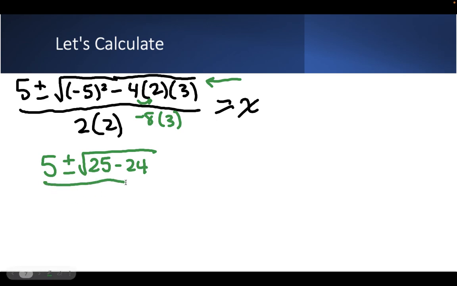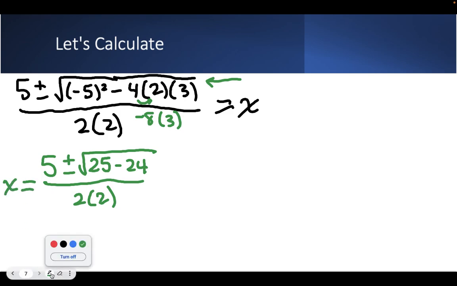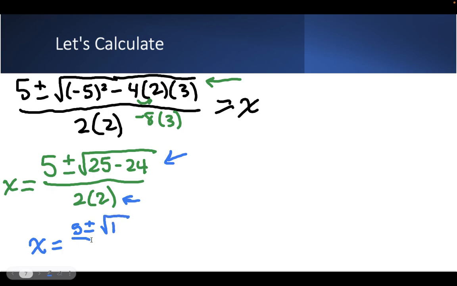And all of this is over 2 times 2. So now we can also simplify the square root, and we can simplify the 2 times 2 down here. So we got x equal to 5 plus or minus the square root of 1 over 4.